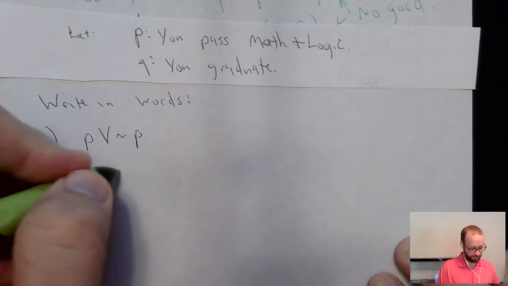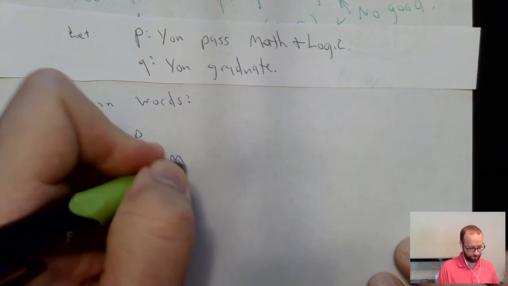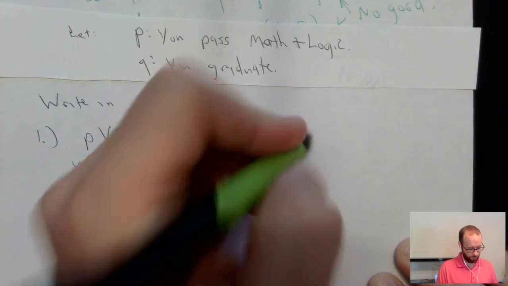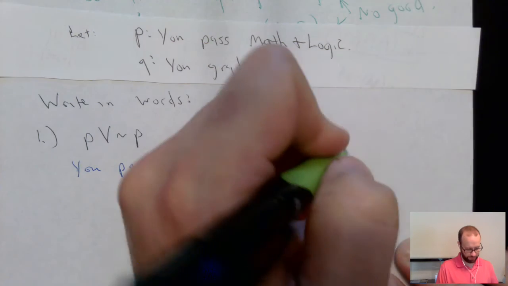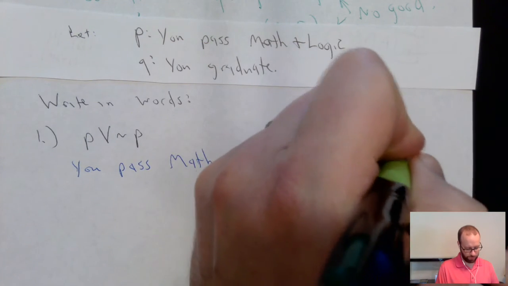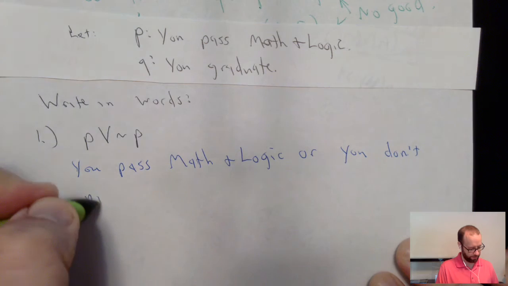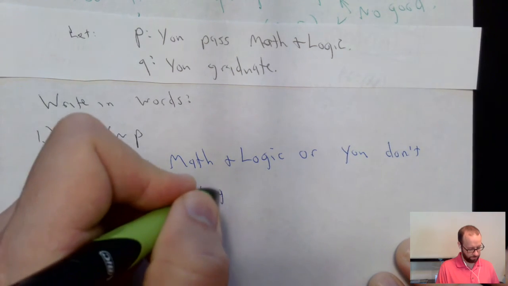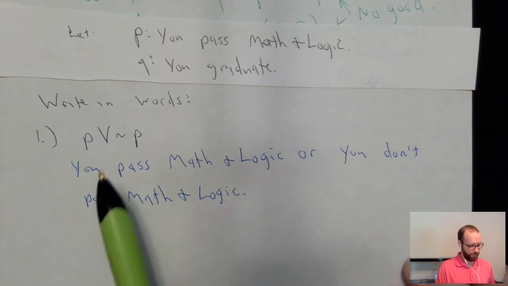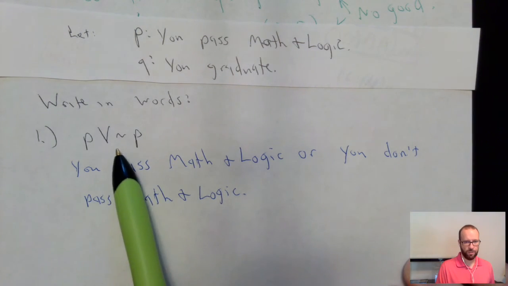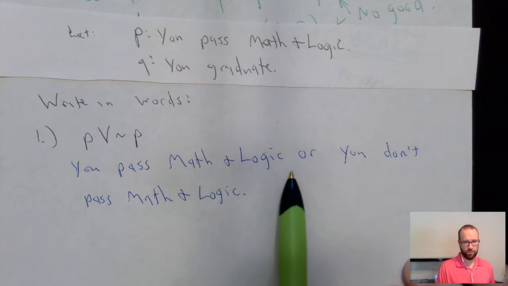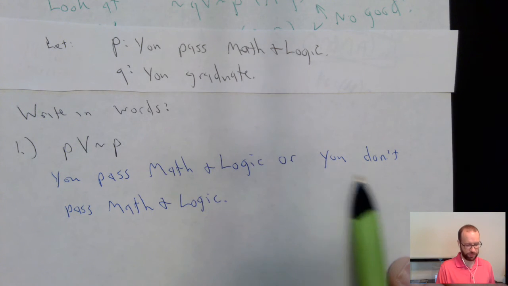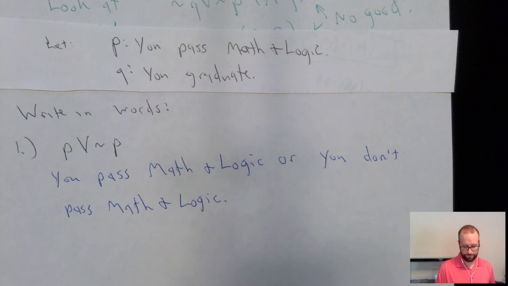P is you pass math and logic. And then or, the negation of that is you don't pass math and logic. Okay, so P, you pass math and logic, or, our symbol for or, so the word or, and then not P, negation of you pass math and logic is you don't pass math and logic.